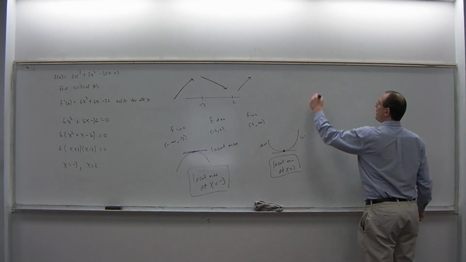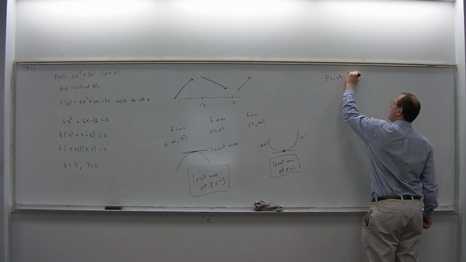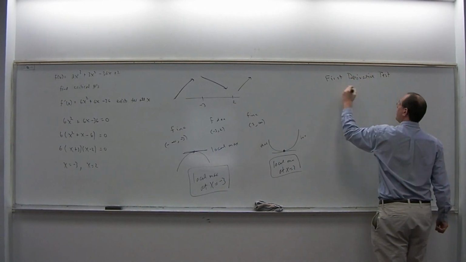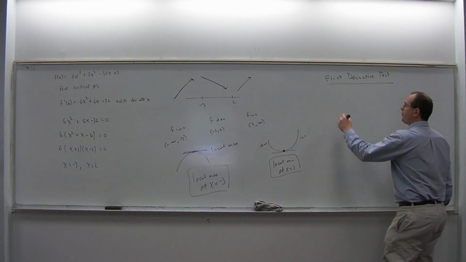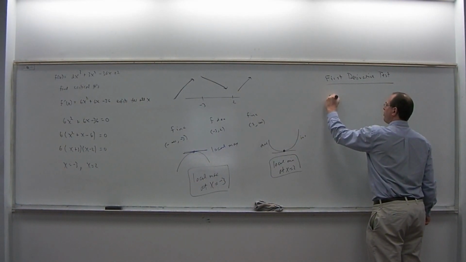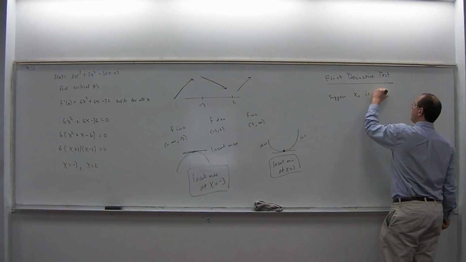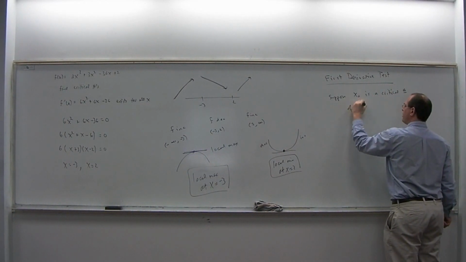And this analysis that we just did is called the first derivative test. The first derivative test for finding local mins and local maxes. So first we suppose that x0 is a critical number for f of x.